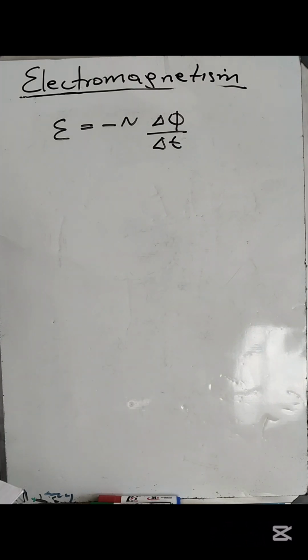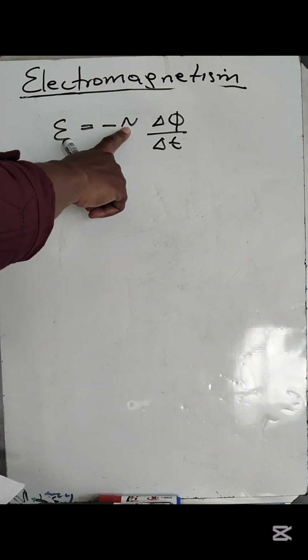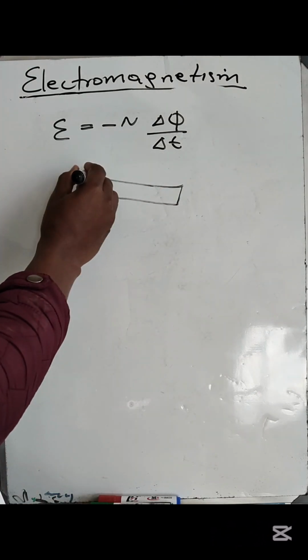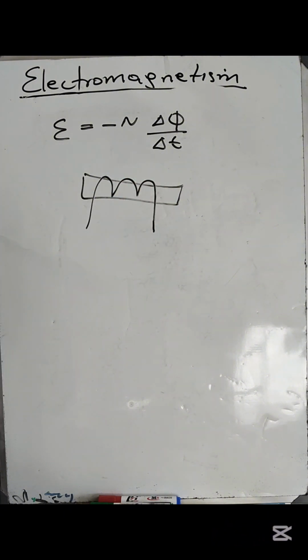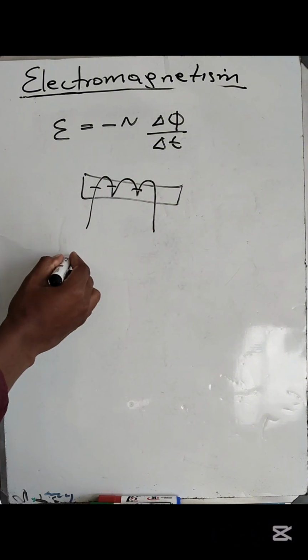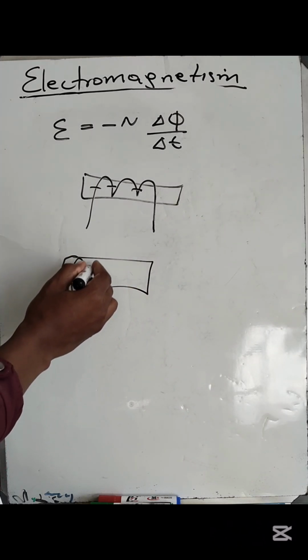So now, there are things we can do in order to increase the EMF that is induced. We can increase the number of turns. For example, if we have a solenoid with only three turns, 1, 2, 3, okay? Then if you want to increase the EMF, you must have more turns.